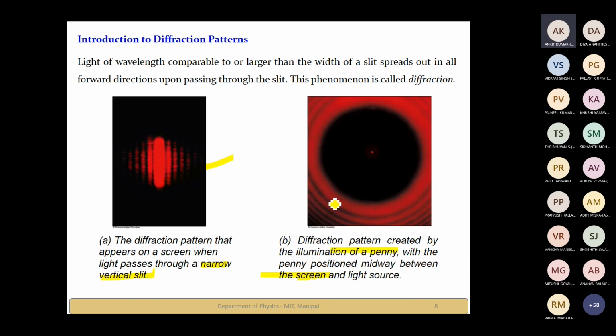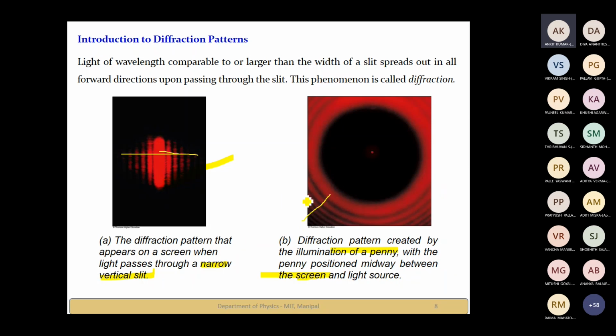I'll just change the color. You can see here, and here also, as you move away from the center, the intensity drops.